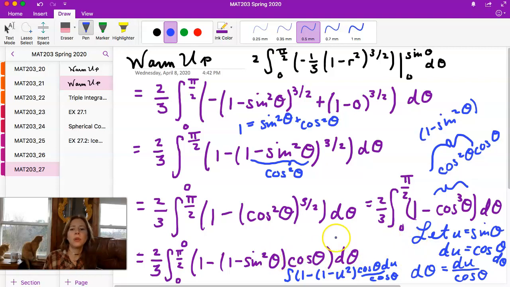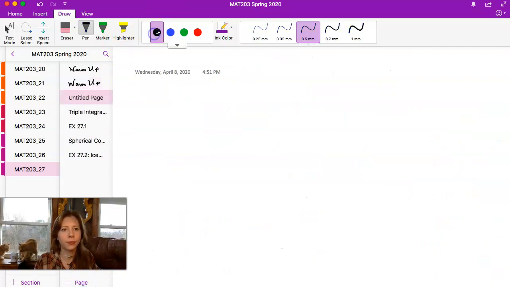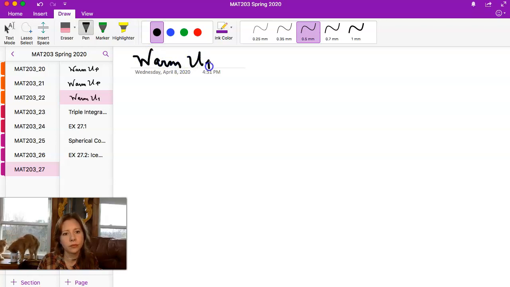So then all we're dealing with is 1 minus u squared du. Okay, so let's keep moving. I'm going to add one more page again. All right.